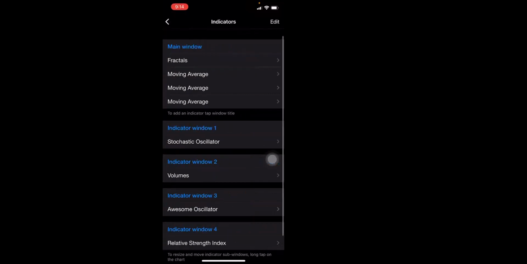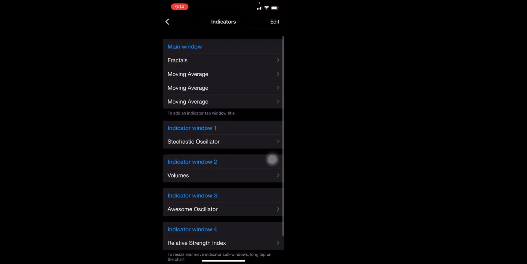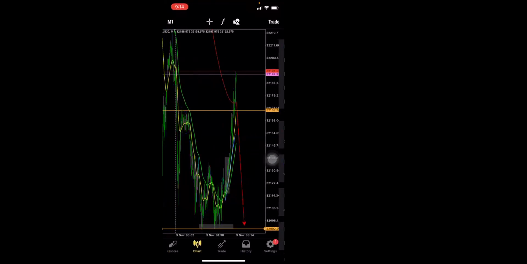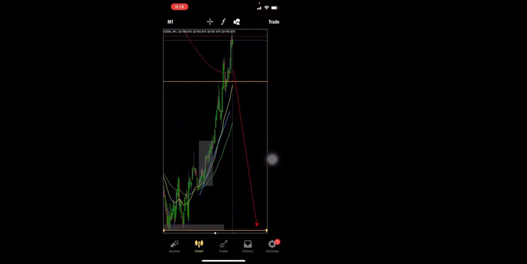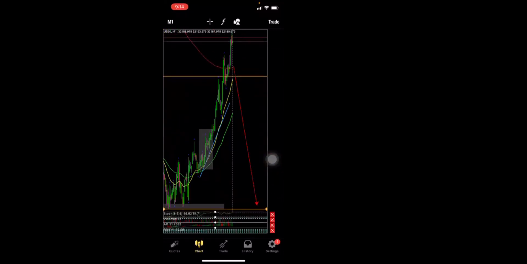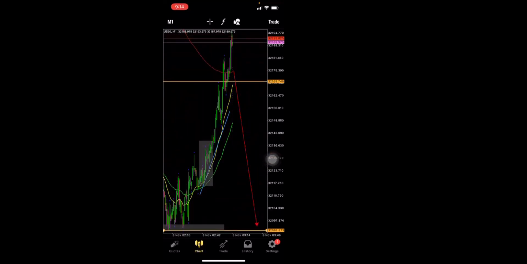It'll open up the indicator window. I have 4 different indicator windows that I'm using, but I don't use them every day. I can pull all of them up, but I don't use them anymore, honestly.